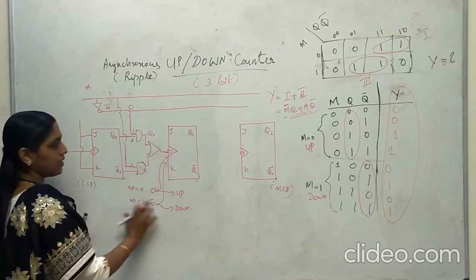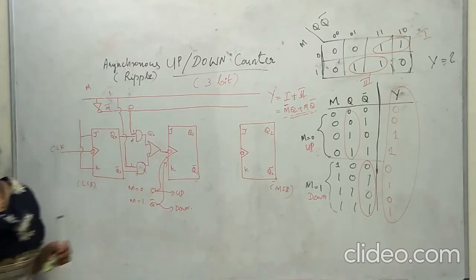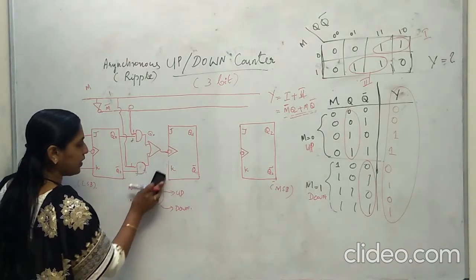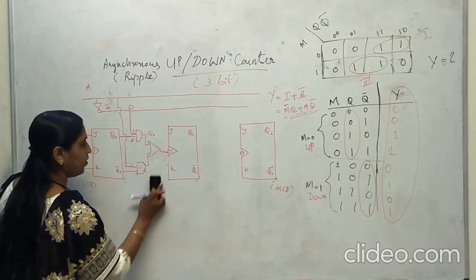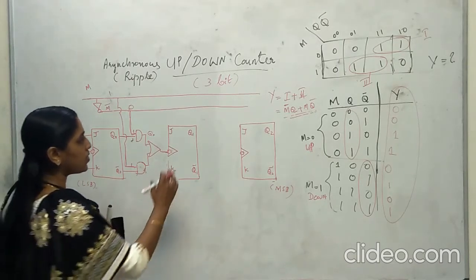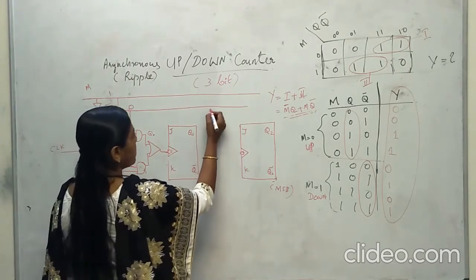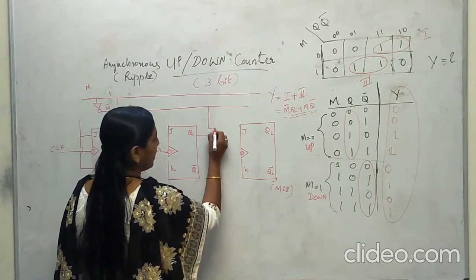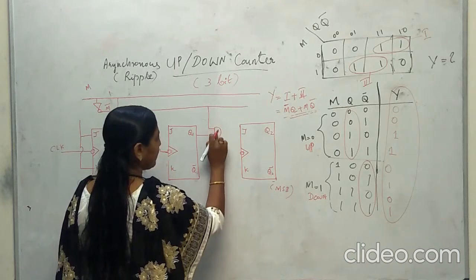So we have drawn this. In this diagram, you need not include all this. For your understanding, I have written this. Okay, this is a circuit. So the same thing we can repeat here. From M bar and Q1, we can choose and select here.